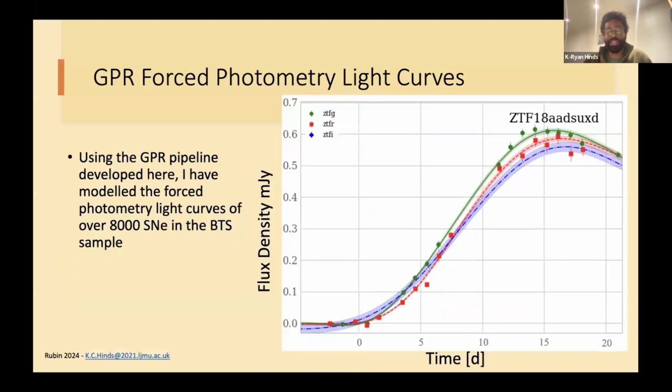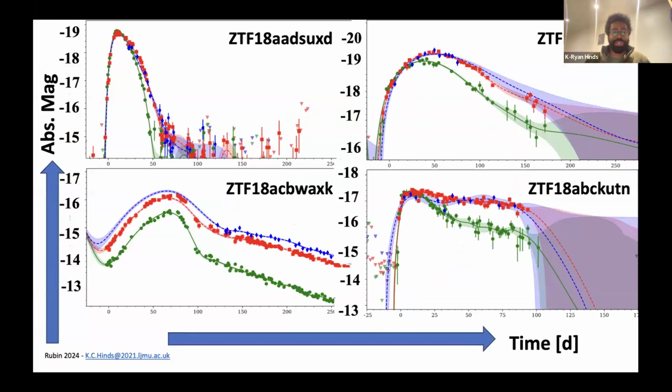And so using this forced photometry and the Gaussian processing pipeline I've developed, I have applied this to all of the transients in the BTS. As of writing this, that was 8,000, but it's closer to 9,000 now. And the goal is to make these really nice light curves, so we can extract as much information as we can.